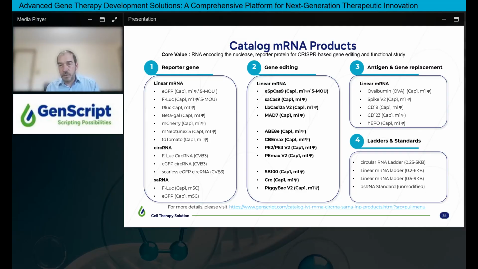We have some of the newer editors, prime and base editors in linear format, and other gene editing enzymes. In addition, we have some antigens and gene replacement mRNAs in this section, and we also have controls and standards that you can use for your developments.